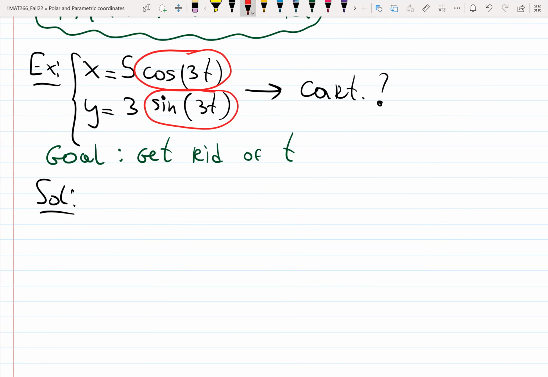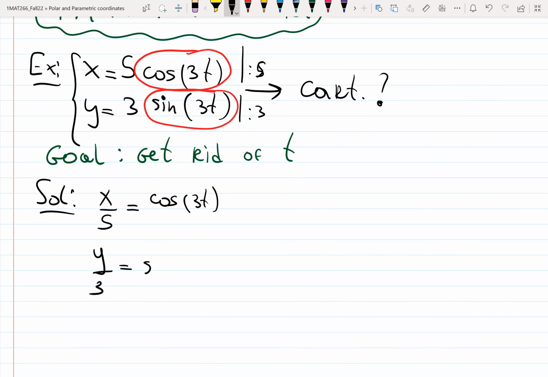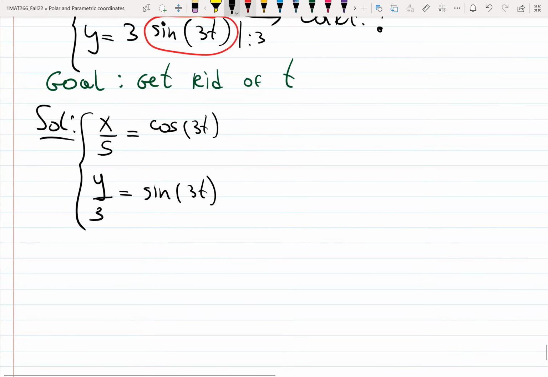So then it will be easier to deal with. Let's isolate cosine and sine. I'm dividing by 5 and dividing by 3. Corresponding equations: x over 5 is cosine 3t, y over 3 is sine 3t. Now I'm going to square each side and add, because I want to have sine squared plus cosine squared, which gives you 1.